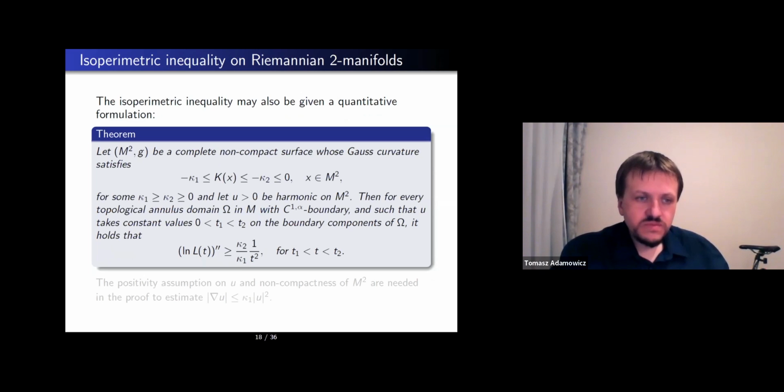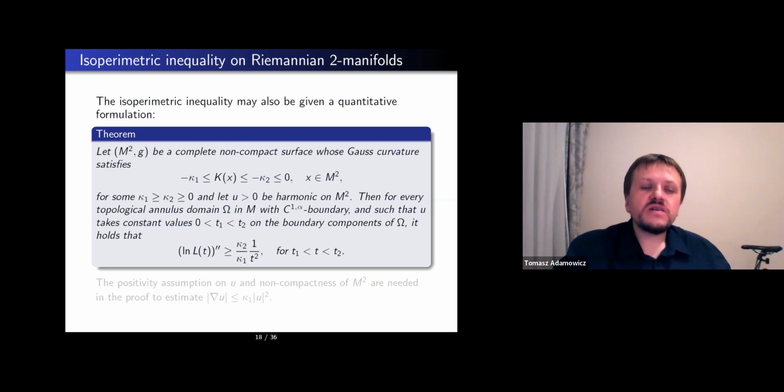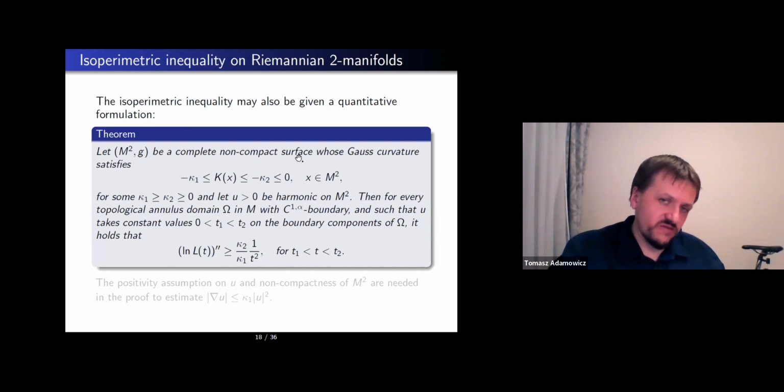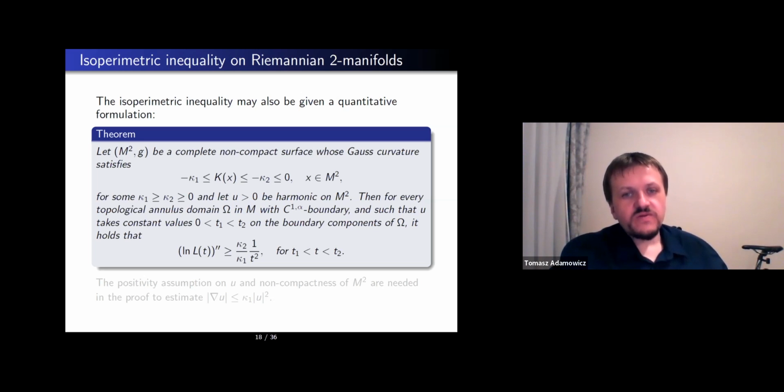And there is another slightly more quantitative formulation of this isoperimetric inequality, which, however, requires slightly stronger assumptions. If M is a complete non-compact surface with Gaussian curvature satisfying the following inequality with kappa 1 and kappa 2 non-negative, and U is positive harmonic in the whole surface, then the following inequality holds for harmonic functions satisfying the constant boundary data.